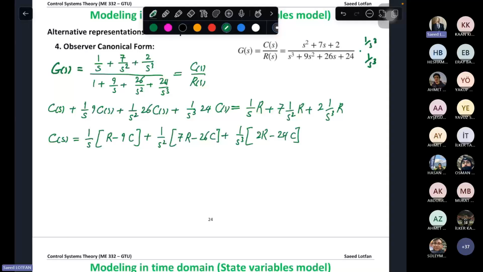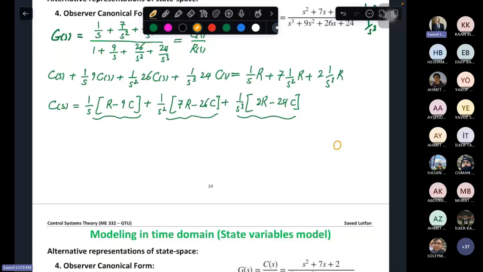If we represent it like this and say that these are x1, x2, x3 again, let's see how we represent it. If I have C here and R here, and I say this is x dot 1, and that is x1, I will get x1 as 1 over s times x dot 1, so integration of that.